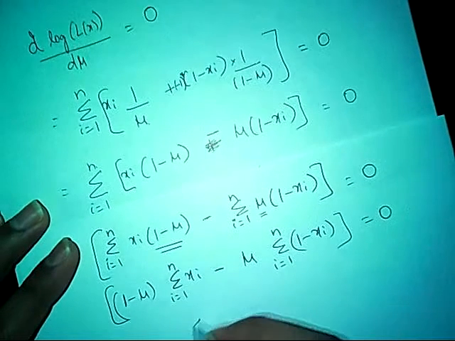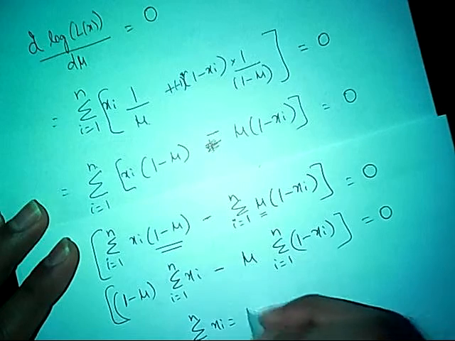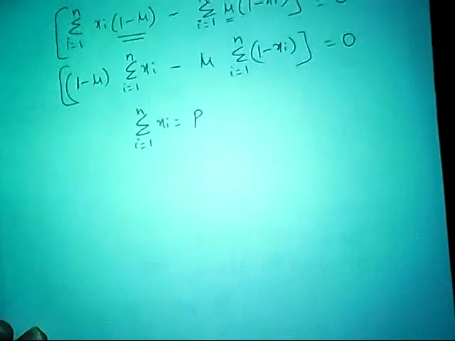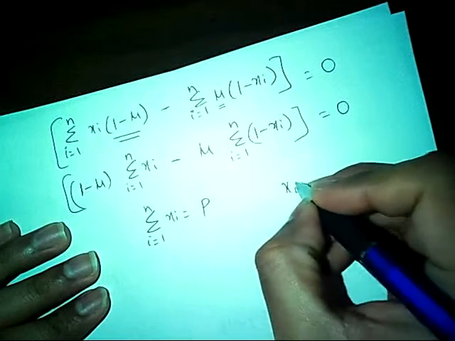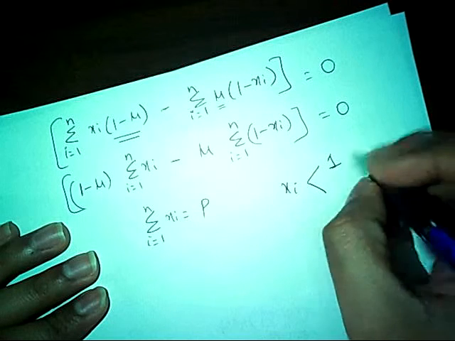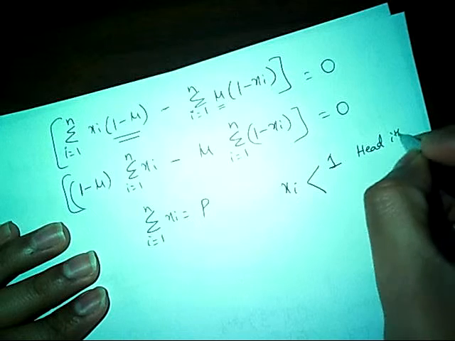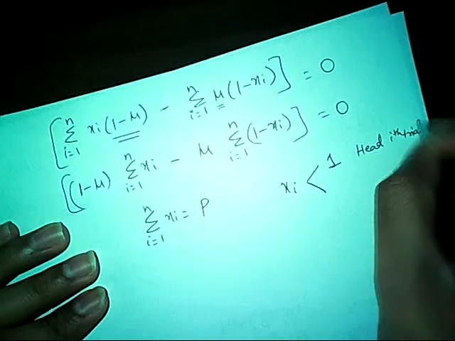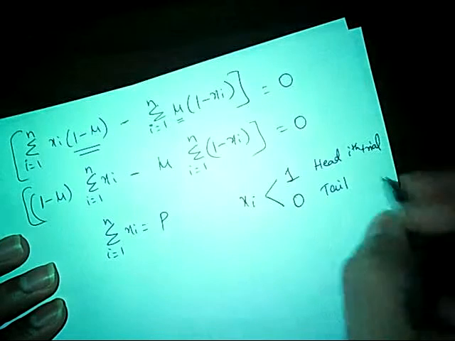So let us call sigma xi as p. If you recall, xi would be 1 if I obtained head on the ith trial, or it would be 0 if I obtained tail on the ith trial.